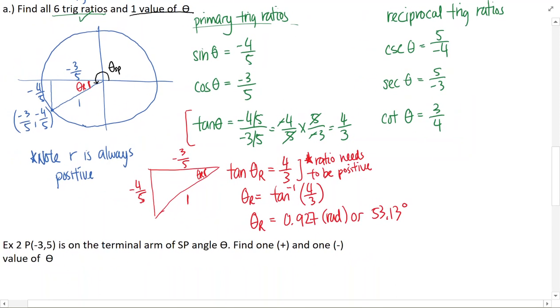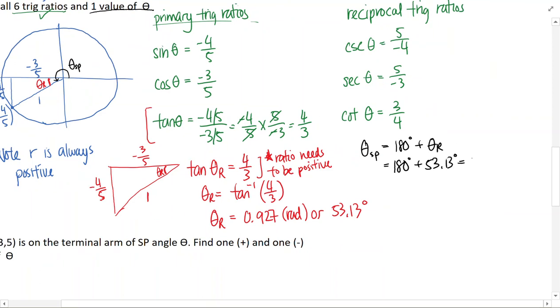Now that we know our reference angle, we can calculate our standard position angle. Our angle, SP, is 180 plus our reference angle, so we have 180 plus 53.13, which gives us 233.13. Let me put a box here.